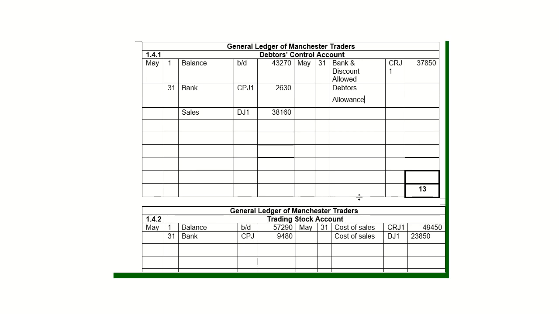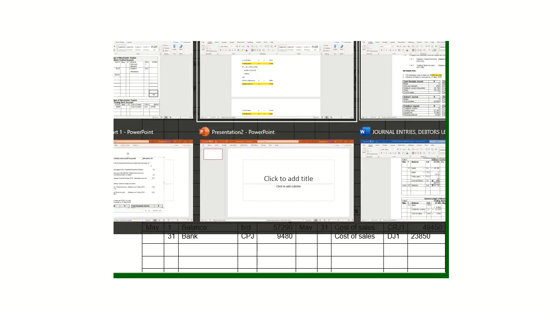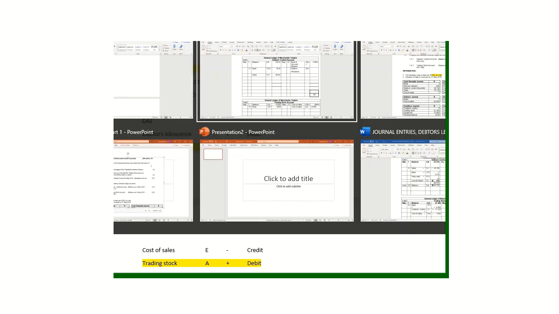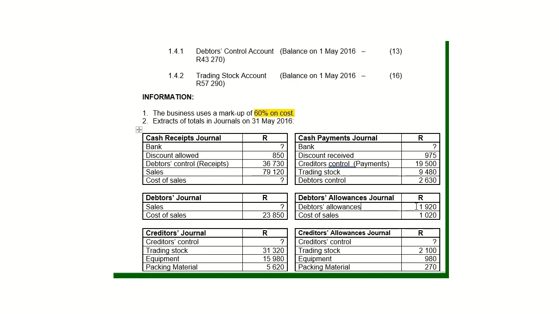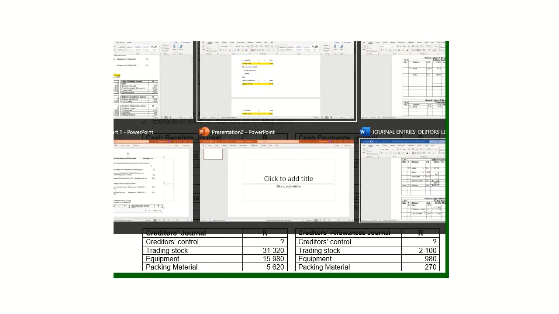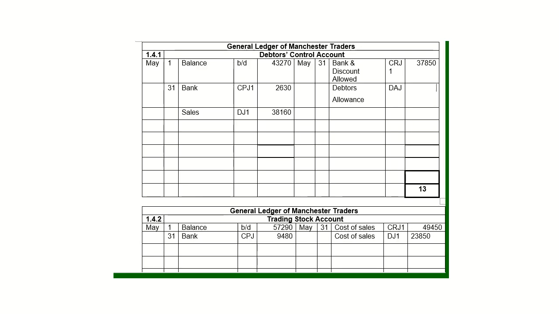Debtors allowance coming from my DAJ, and the amount for the debtors allowance, 1920.